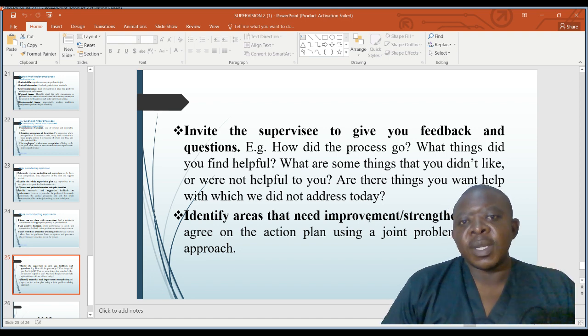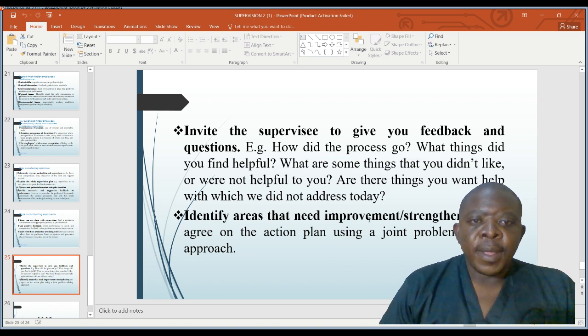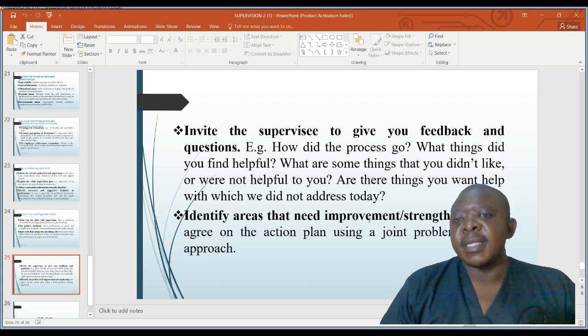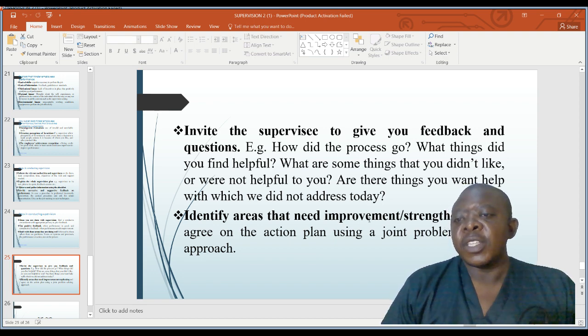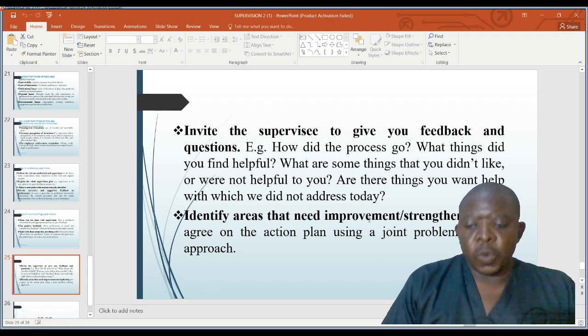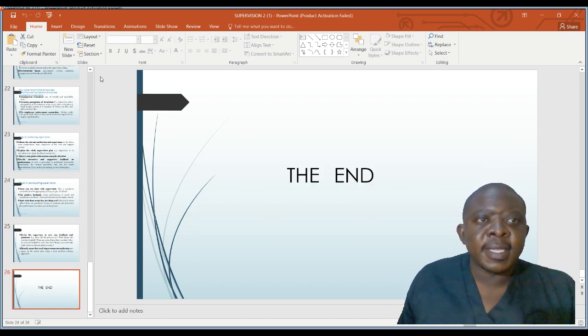You can ask such questions as you give feedback. Then you can identify areas that need improvement and strengthening, and agree on the action plan using a joint problem solving approach. So that marks the end of our lesson on supervision.